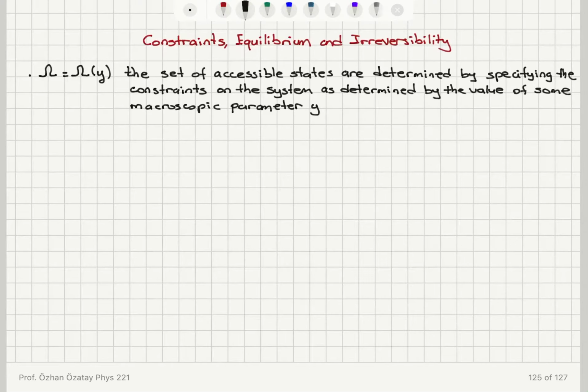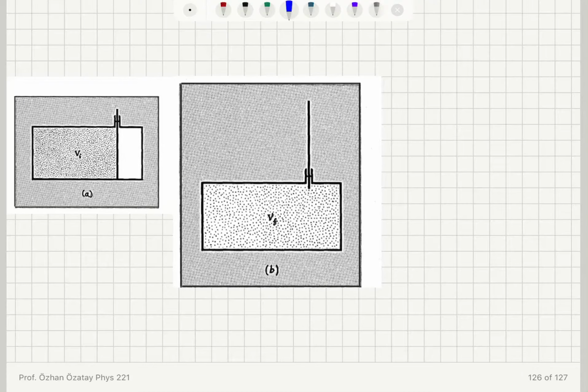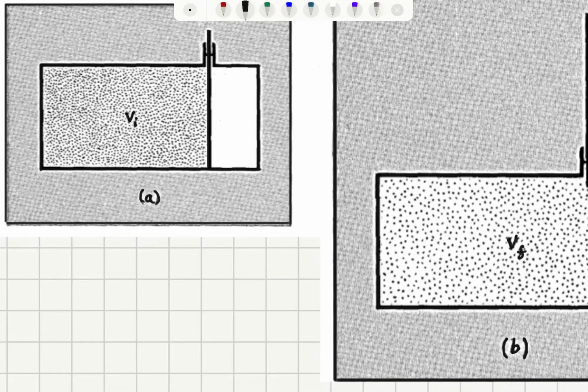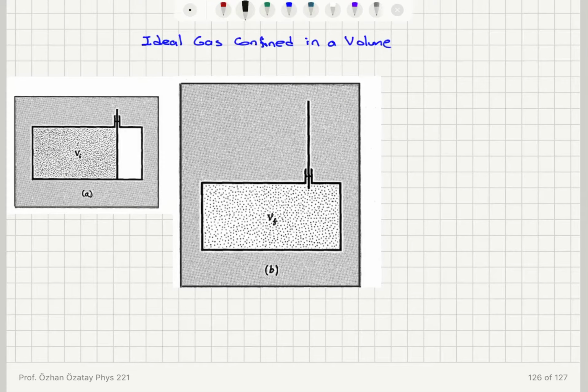For example, what I said here we can demonstrate for an ideal gas that is confined in a volume. So the constraint on the system here is volume. I have an ideal gas that is initially trapped in an initial volume V initial, and therefore the number of accessible states for this scenario will be omega as a function of volume, which is V initial.